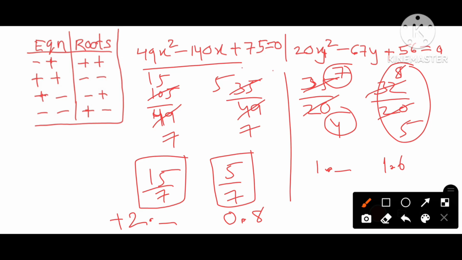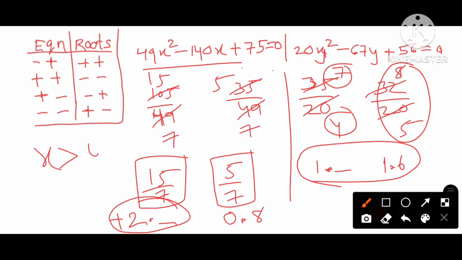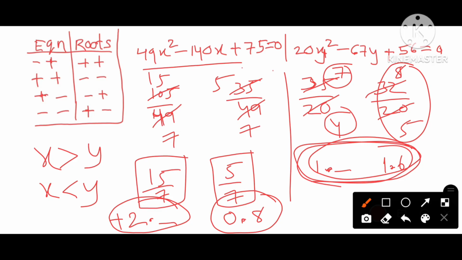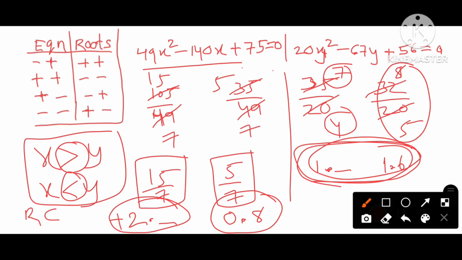Comparing these, 2 is greater than these two numbers, so x is greater than y. Next, 0.8 is lesser than 1, so here we get x lesser than y. By comparing the roots we get opposite symbols, so our answer will be relation cannot be established. RCE is the answer to this first question.